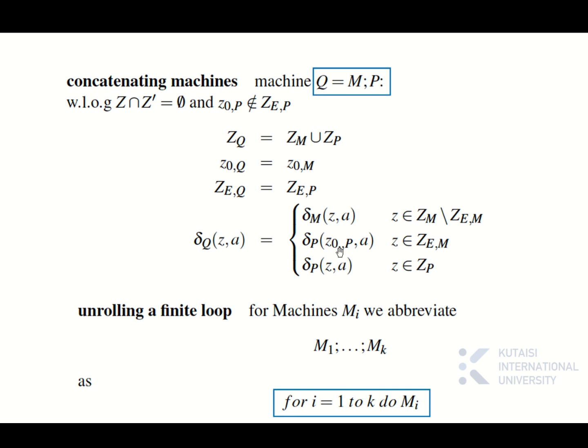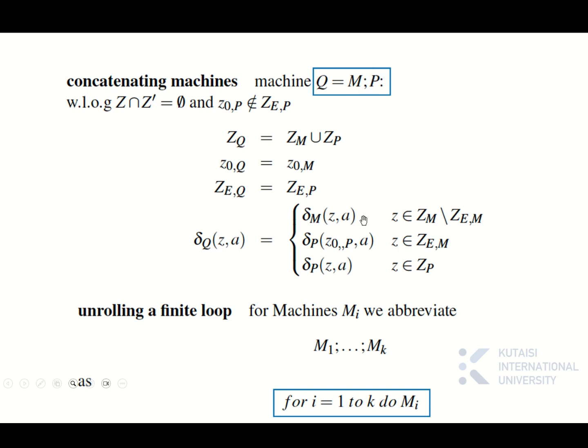So you have epsilon moves for granted here. From the end state of M, you always go to the start state of P and do nothing with the letter. And if you're in a state of P, you just do as P would do. That would simulate P after M.